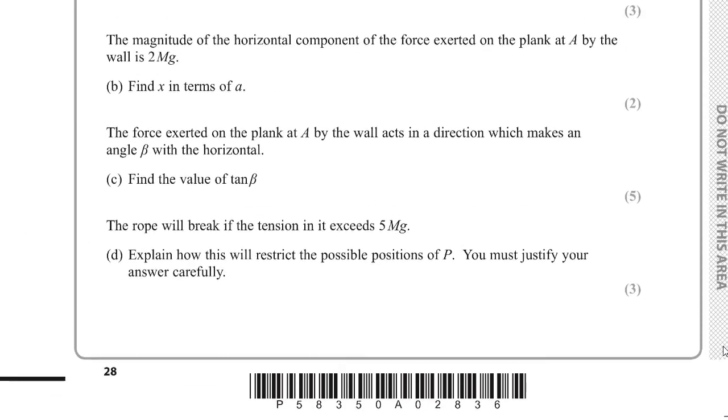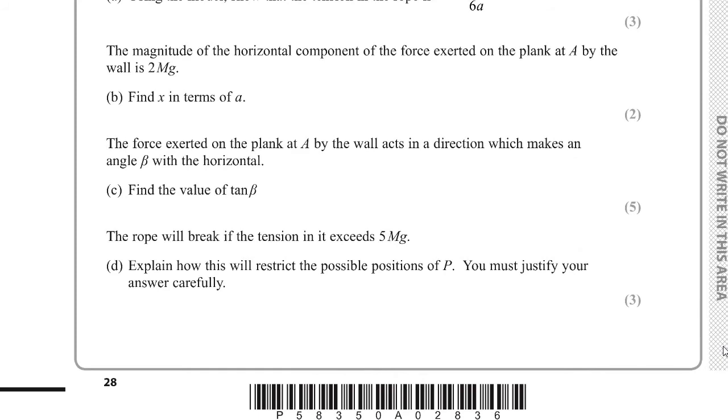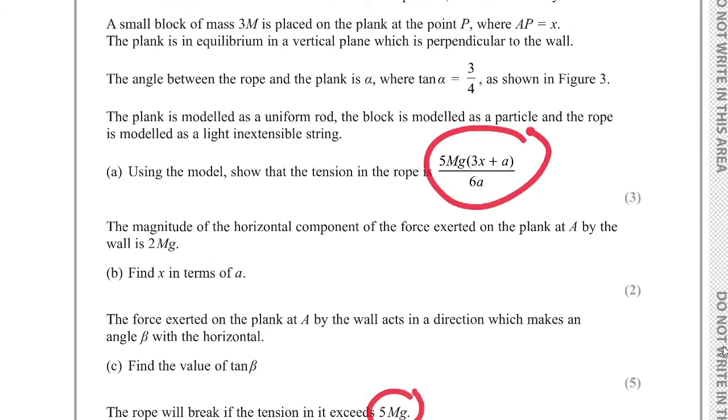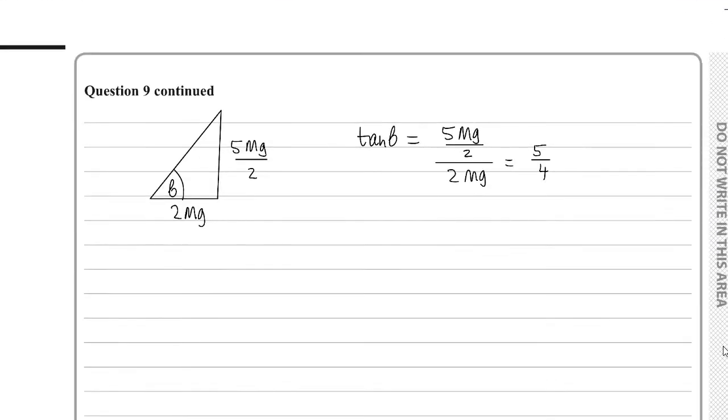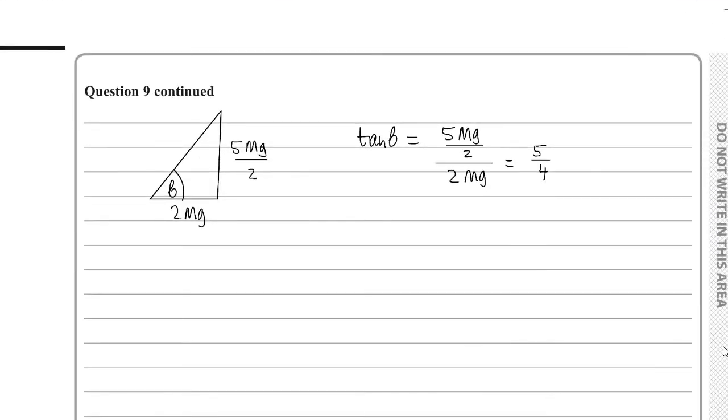In part D, we're told that the rope will break if the tension exceeds 5 mg, and we need to explain how this will restrict the possible positions of P, fully justifying our answers. Now, we have an expression for the tension from the very first part, this. So that will be the starting point. We know that the tension cannot exceed that value.